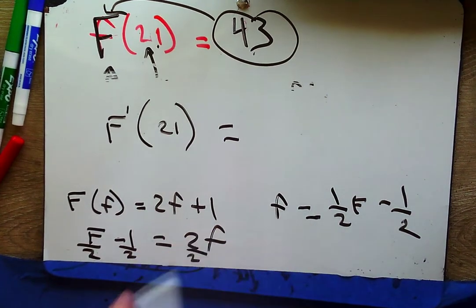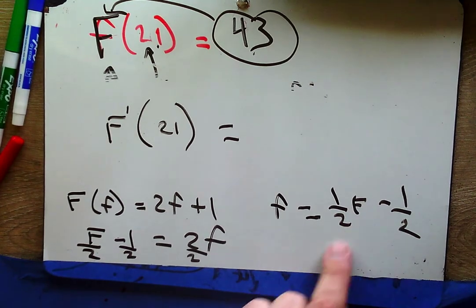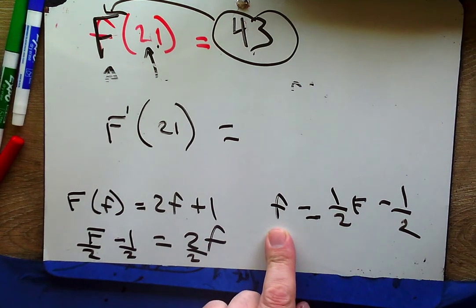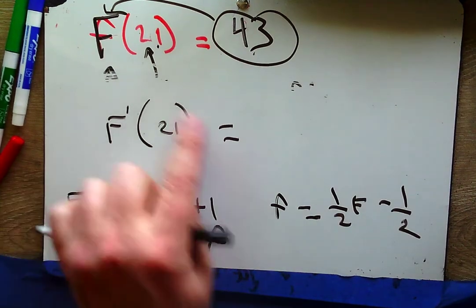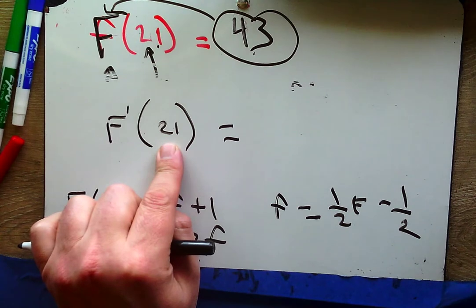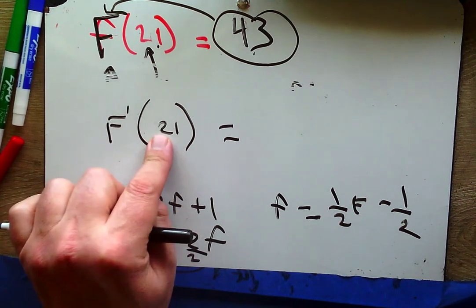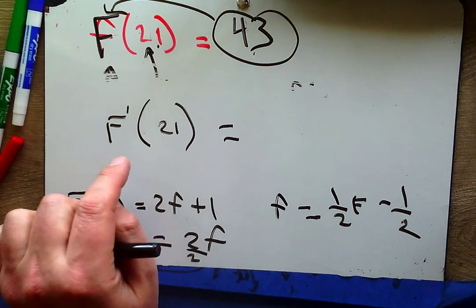Fabulous. And I can see my input is now a number of friends, and my output is a number of figs. When I see this inverse, this number is a number of friends. Friends go in, and figs come out.